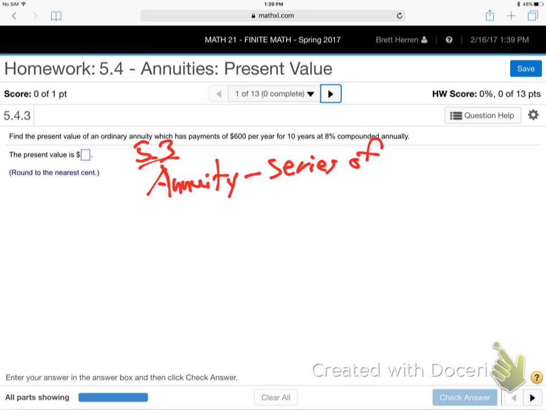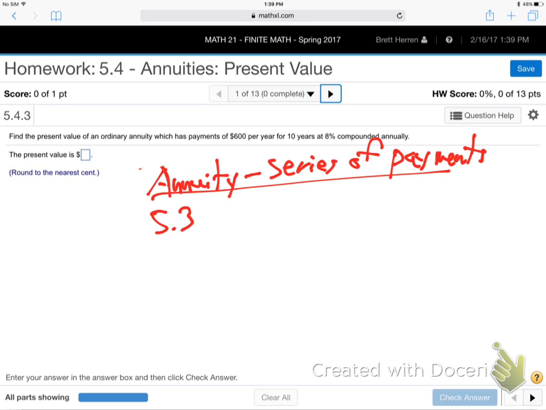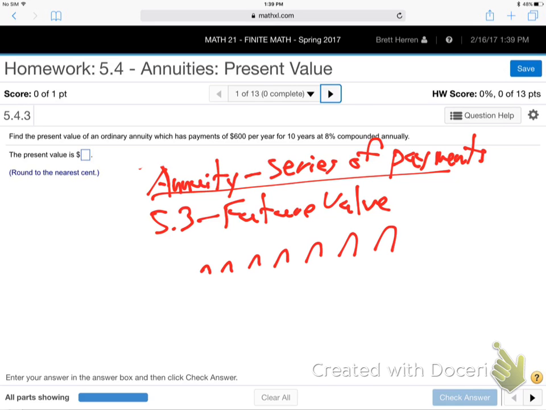Oops, payments doesn't have an S. Series of payments. Okay, well, there's two kinds. There is what we did in 5.3. That's what an annuity is. And then in 5.3, we did future value. Meaning, if you have payments and they grow real big, you want to know in the future what will be the pile.